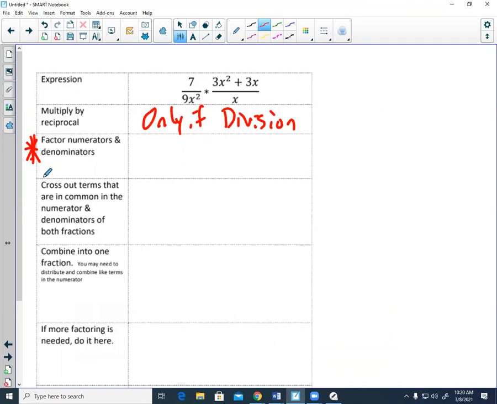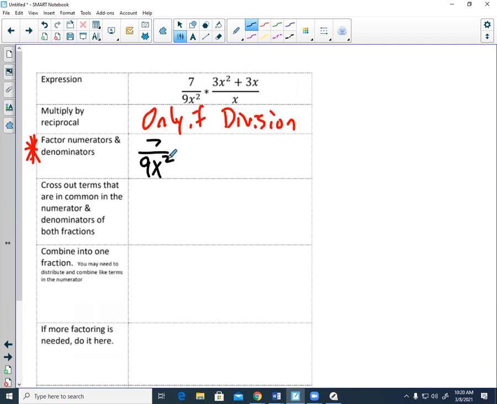Factor it. Because when you factor it, you have to understand you're saving yourself time. Factoring allows you to cancel. Canceling makes life easier. Okay? So make sure when you're doing this, you're factoring the numerator and the denominator. The numerator of the left cannot be simplified or factored at all. The numerator, the denominator on the left cannot be simplified or factored at all.